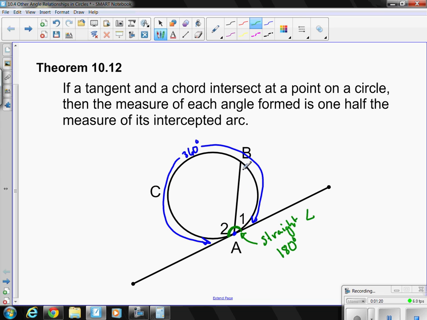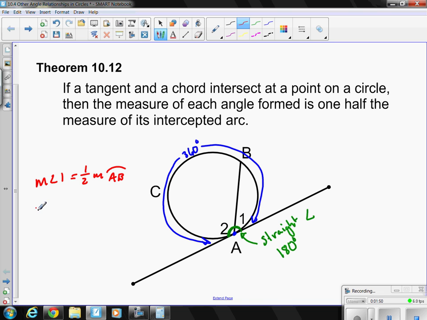And this intercepted arc is also going to be half of it. If we take half of it, we get this angle here, angle 1. So the measure of angle 1 is equal to half the measure of arc AB.